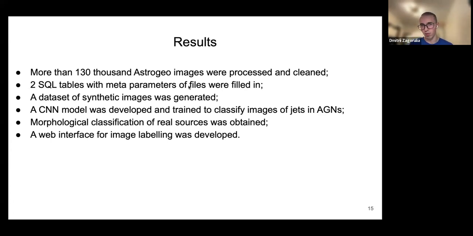And we got some sort of classification of these 130,000 Astrogeo images, which is already something. But testing it on the validation data set that we manually labeled, we can see that these predictions could probably be improved drastically. We also created this web interface that will probably be modified later and could be used as a public service as well.